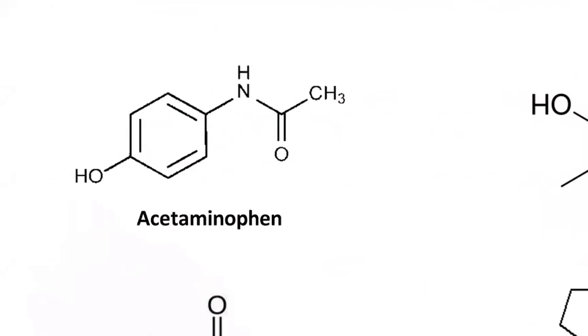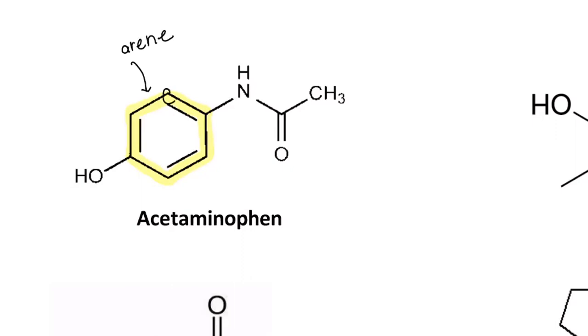So when I look at the structure of acetaminophen, I will identify that it has, I'm going to use my highlighter tool, a hexagon with alternating double bonds and single bonds. And it needs to be in that order: double bond, single bond, double bond, single bond, double bond, single bond. That is known as an arene.